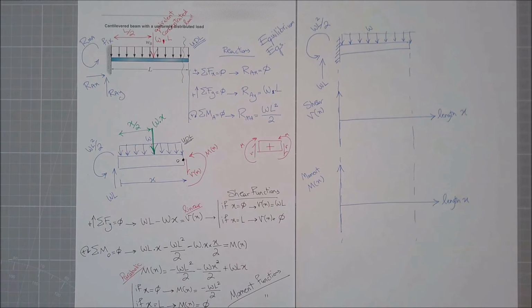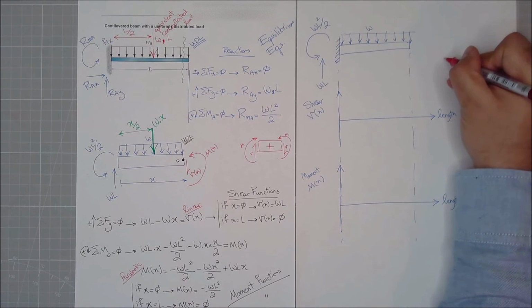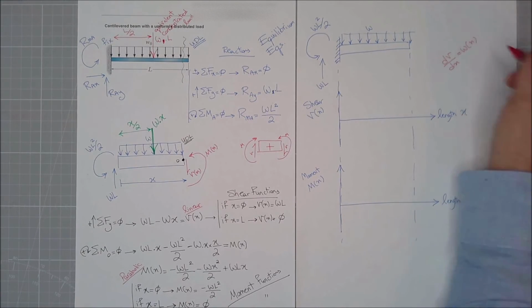There are different methods that can help me. First of all, we all know that dV/dx is equal to wx, and dM/dx is V of x.